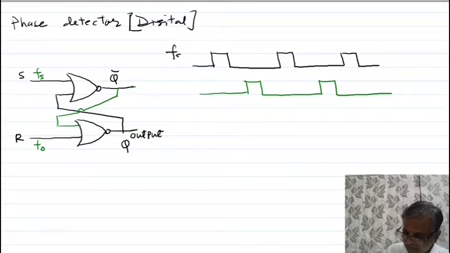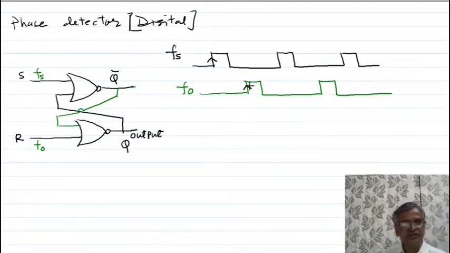This is the signal Fs, and this signal is Fo. During the leading edge of the signals Fs and Fo, the output changes state. See here how the output changes state at every leading edge of Fs and Fo, which I am showing you in the diagram.